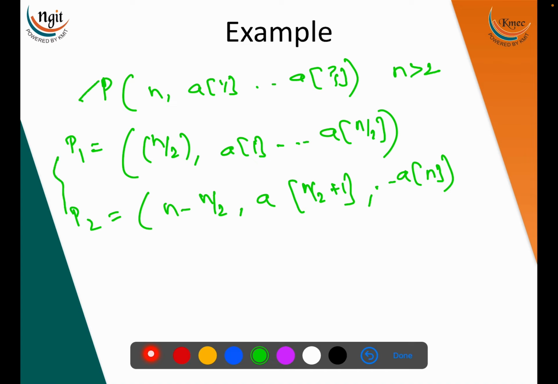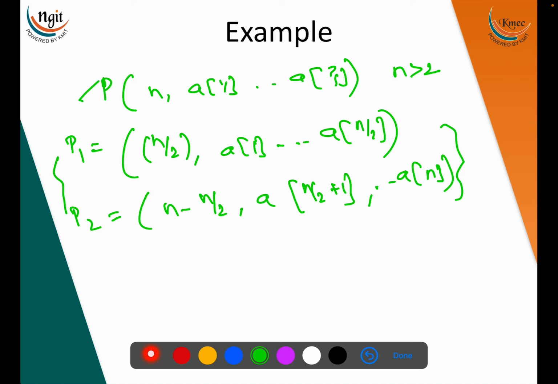Now, how do we solve these two sub-problems once we divide? After having divided P into two smaller sub-problems, we can solve them by recursively invoking the same divide and conquer algorithm. Now the question comes, how to combine the solutions after finding the maximum and minimum?